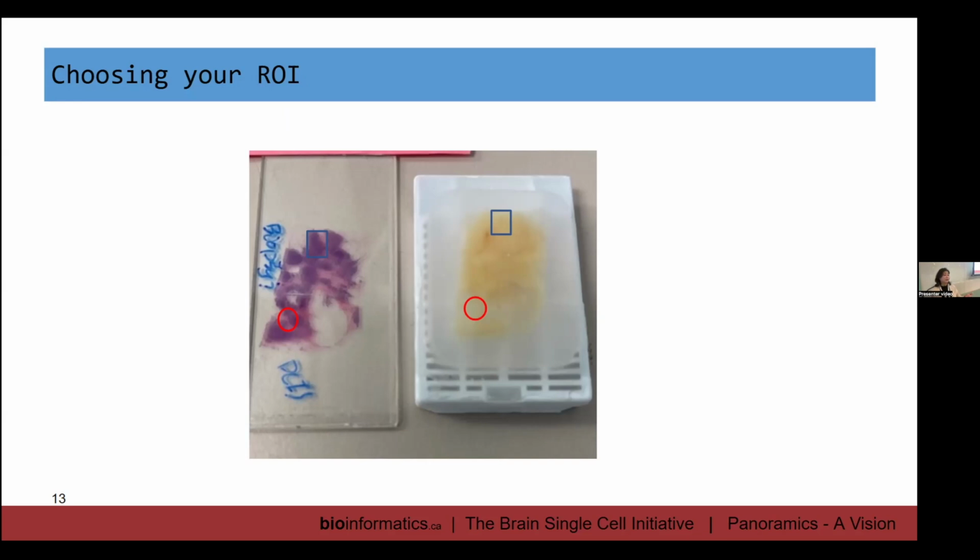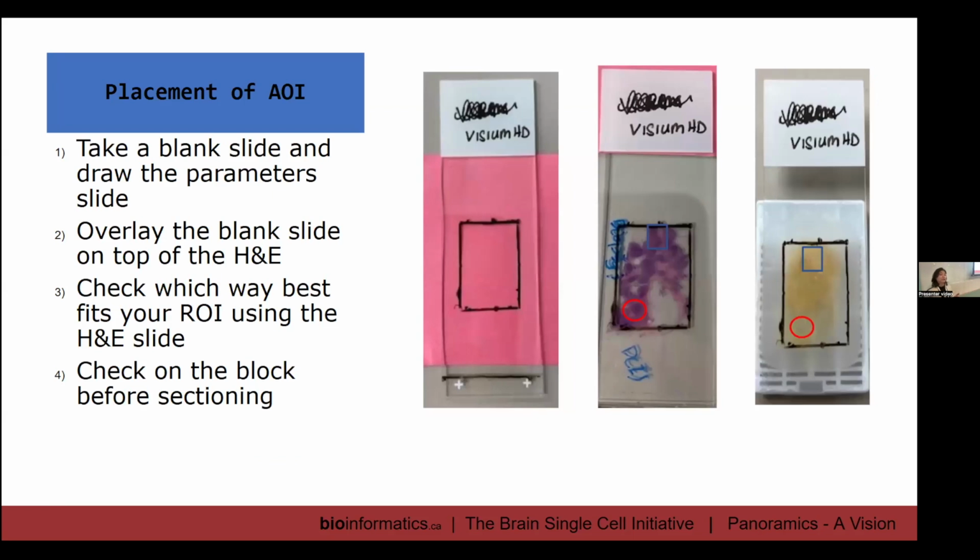Well, how are you going to do that? Right now, I don't even have my template, so we're going to go to the next slide. You'll see where we actually do that. You take the blank slide, you draw the parameters, like I said, and you overlay that blank slide on top of your H&E. So now you can see where those regions of interest are located on that actual template.